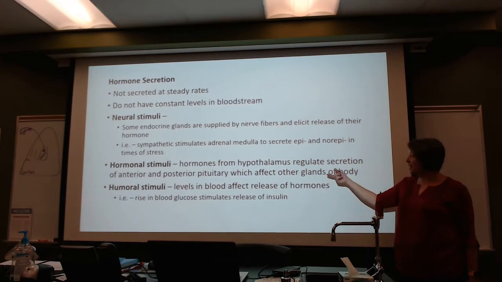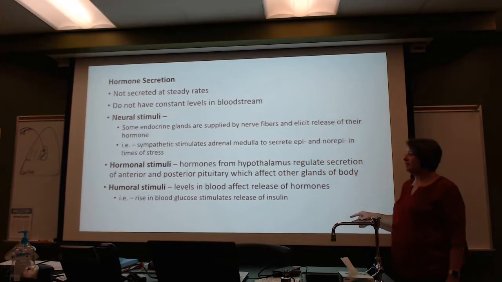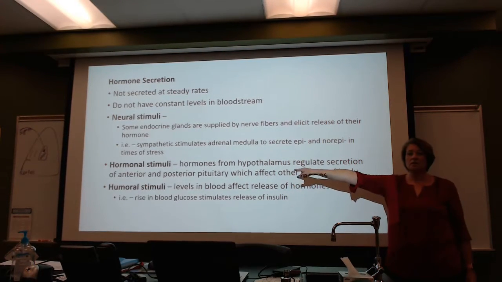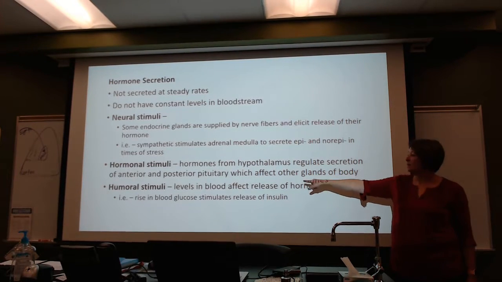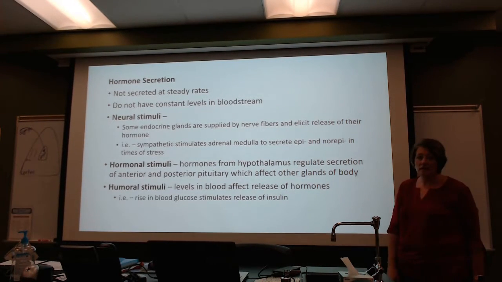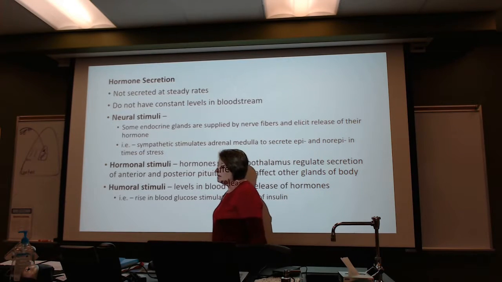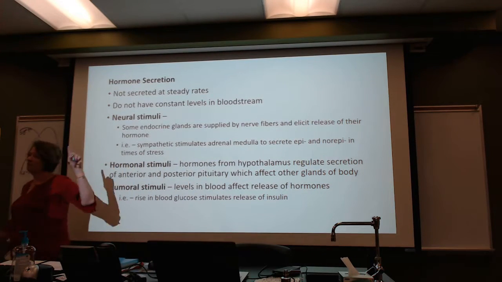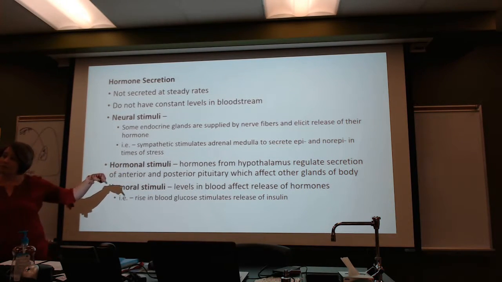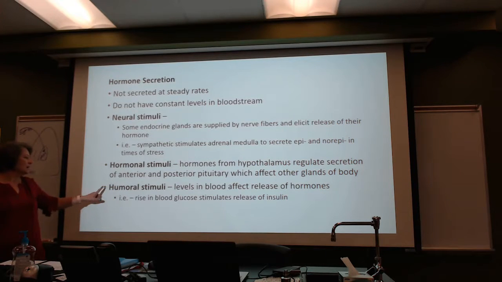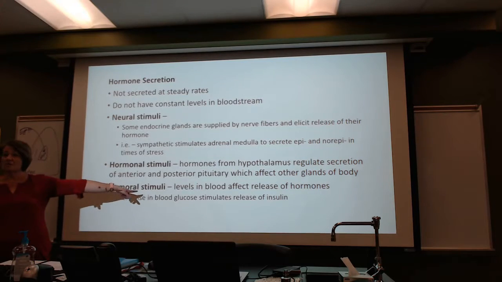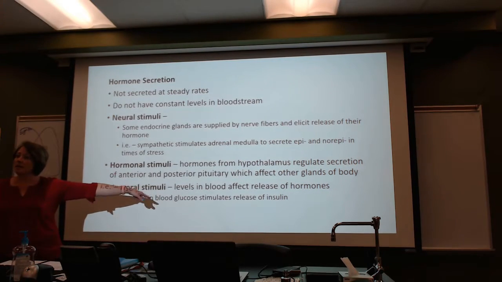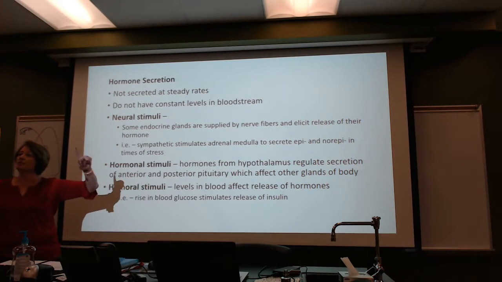If it is a hormonal stimulus that needs to control the secretion, this is my hormones from my hypothalamus regulating the anterior and the posterior pituitary. That will then, in turn, affect something else in the body. If it is humoral, this is referring to what are the levels in the blood.